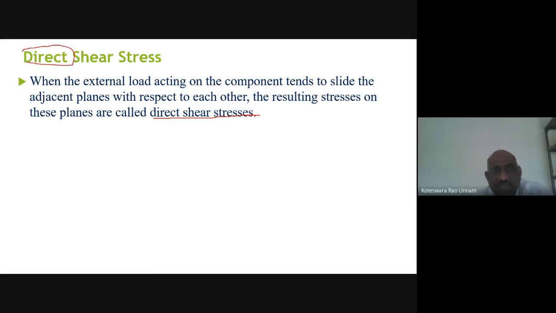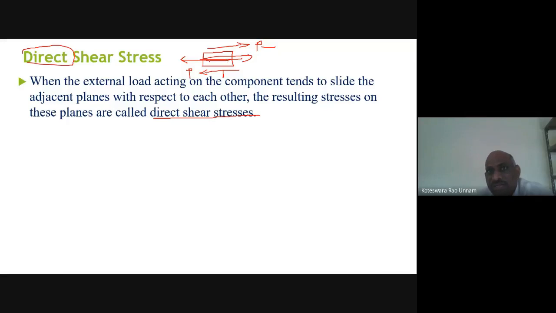Direct shear stress means the load acting on the component will tend to slide the planes against each other. Suppose I apply a force like this on this component. If I consider the center, because of the bottom load this layer will try to move in this direction, and because of the top load it will try to move in this direction.